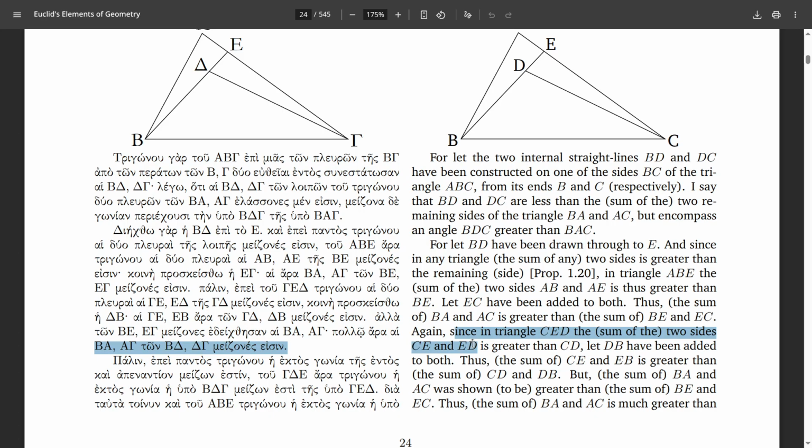Then we have this triangle CED. Let's look at that. CED. Oh, it's the other sliver. And then from there, I guess we're doing the exact same thing again, where CE and ED together is greater than ED. Yeah, and then blah blah blah.